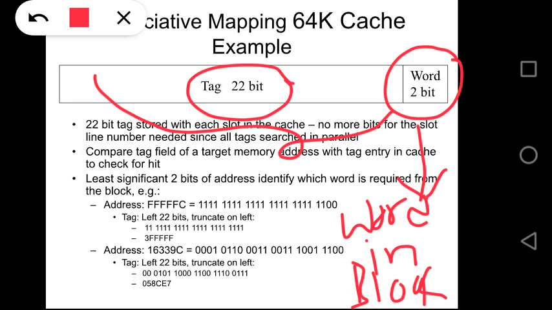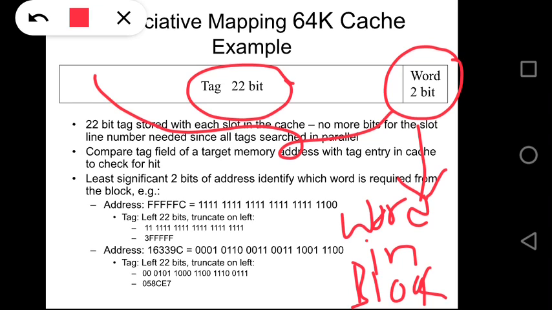And follow the technique of content addressable memory and search for a particular block number in the cache with the data itself. That is the logic behind content addressable memory.